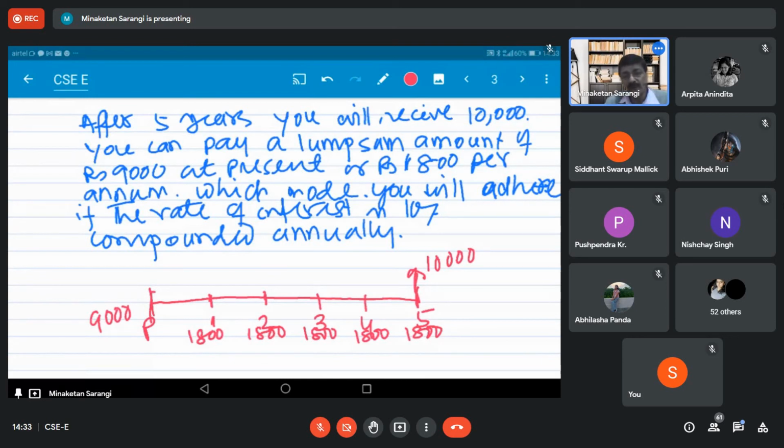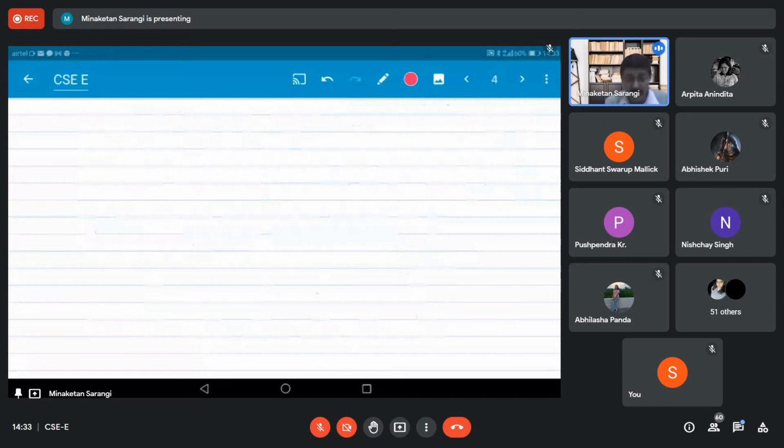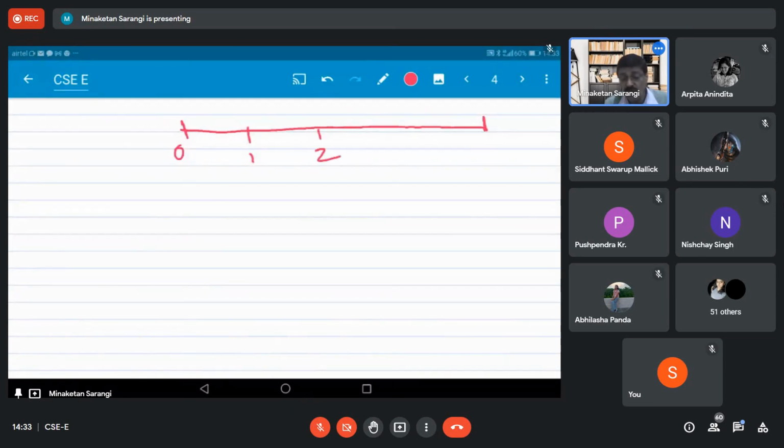What will we do here? We cannot compare the 9,000 you are paying right now with the 1,800 you are paying over a period of 5 years. To solve this, I am taking it this way: 0, 1, 2, 3, 4, 5.